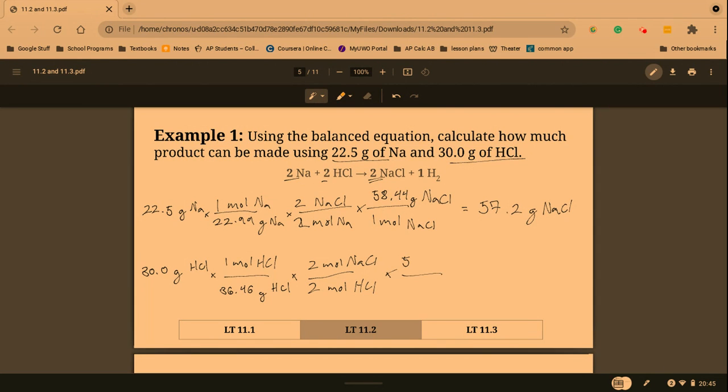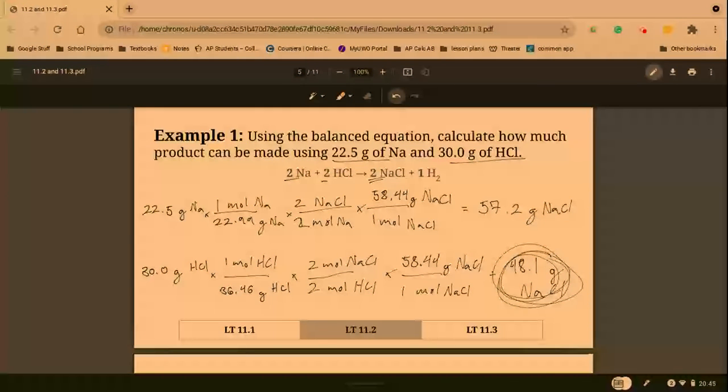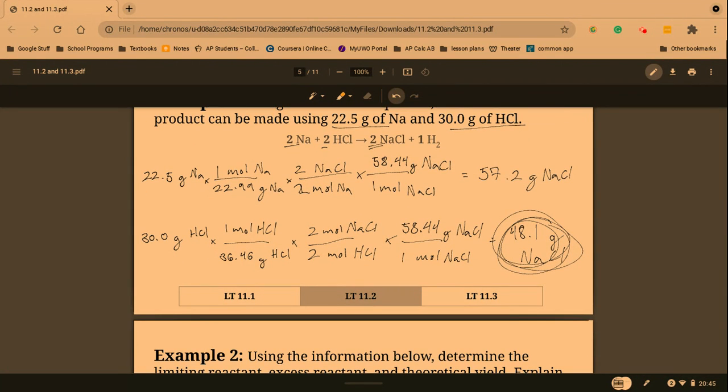And then using that same 58.44. And that's going to equal 48.1 grams. And so since this is smaller, this is going to be your theoretical yield. And also then HCl is going to be your limiting reactant.